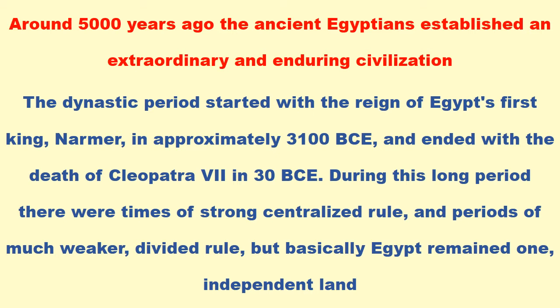The dynastic period started with the reign of Egypt's first king Narmer in approximately 3100 BCE and ended with the death of Cleopatra VII in 30 BCE. During this long period, there were times of strong centralized rule and periods of much weaker divided rule, but basically Egypt remained one independent land.